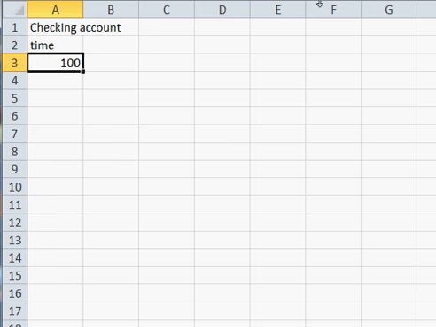So this is the time here, and this is the amount in the account, and we'll say that's time period 0. We're just starting, and we've got $100 in it. $100 in a checking account today is worth $100. We could pull out $100 and use it.